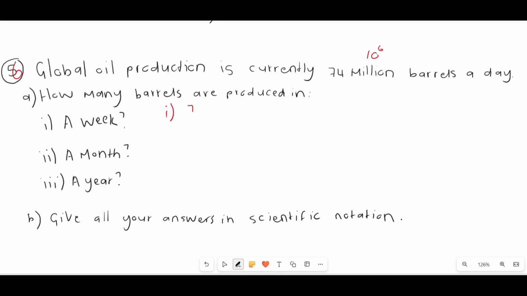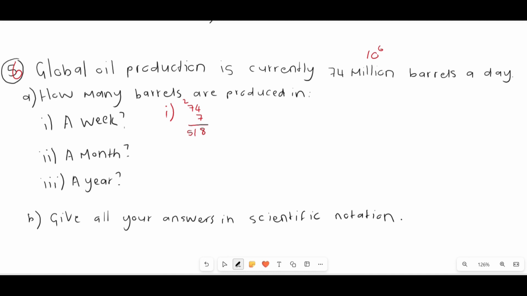If we take the number 74 and multiply it with 7, let's first do 7 times 4, which is 28. So that's going to become 8, carry over 2. 7 times 7 we know is 49. 49 plus 2 is 51.